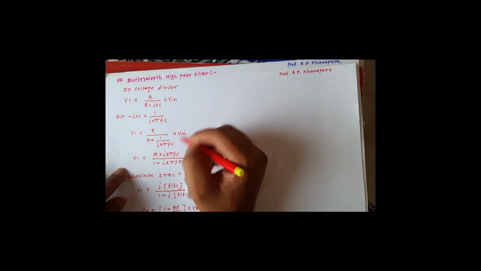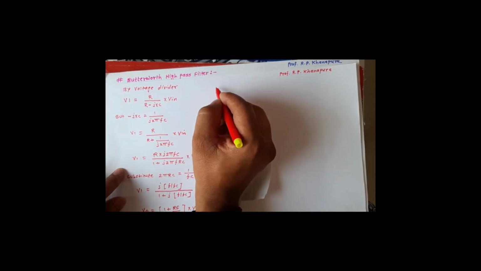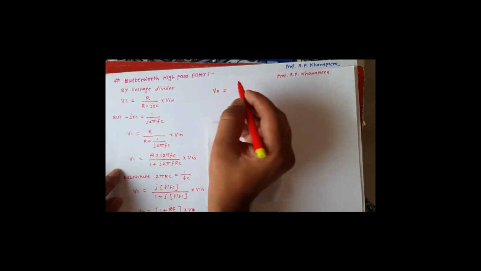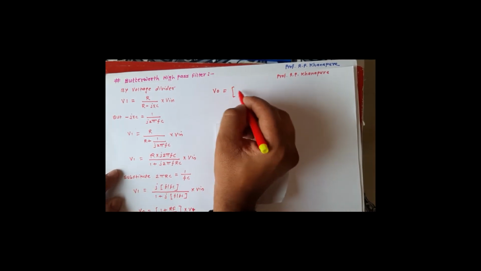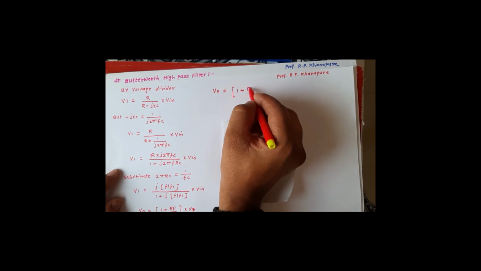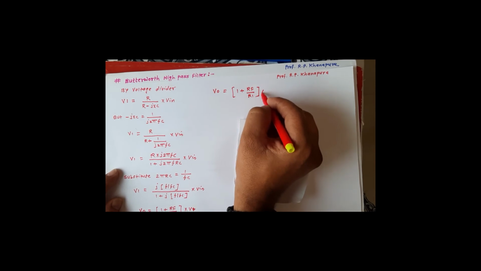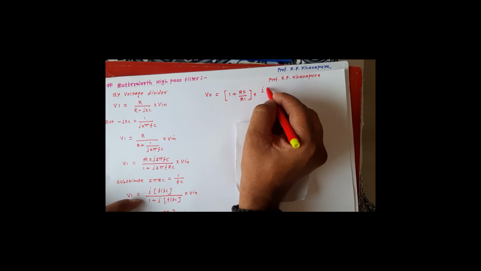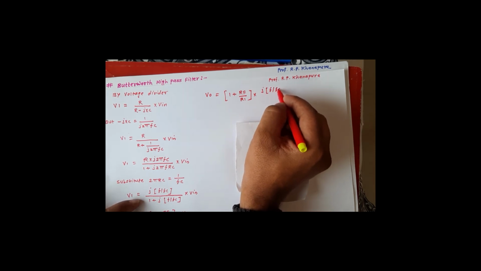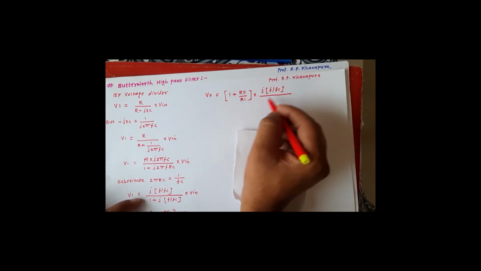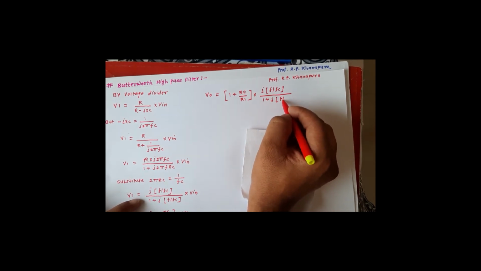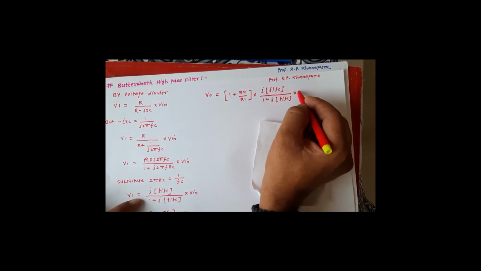So V0 is equal to 1 plus Rf by R1 into j into f upon fc upon 1 plus j into f upon fc into Vin.